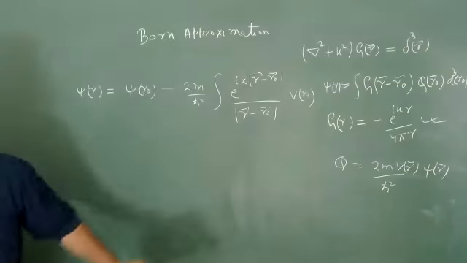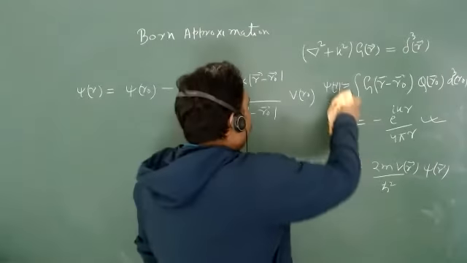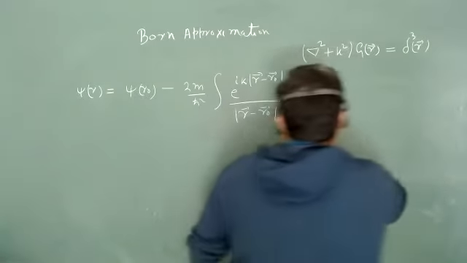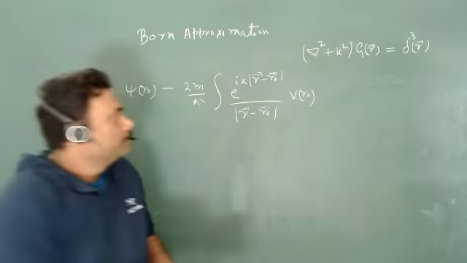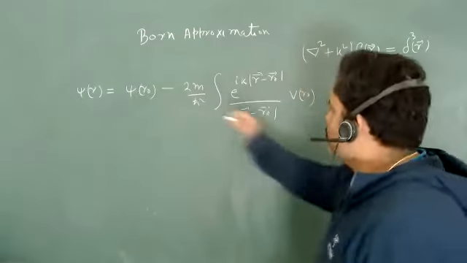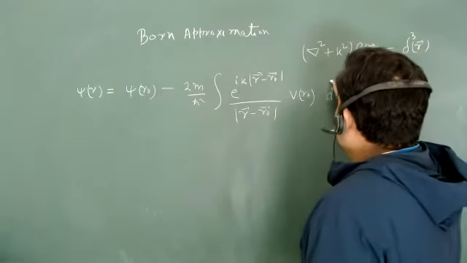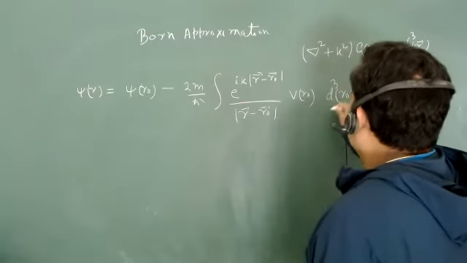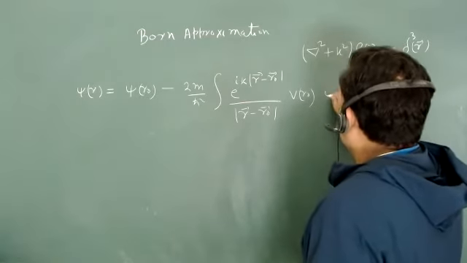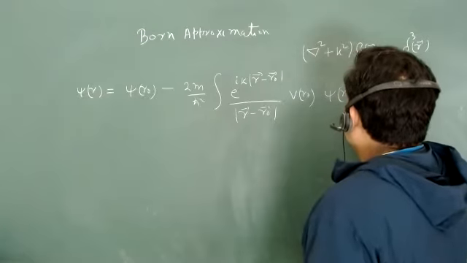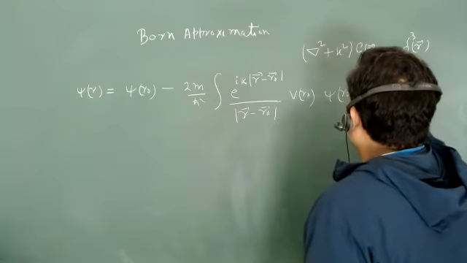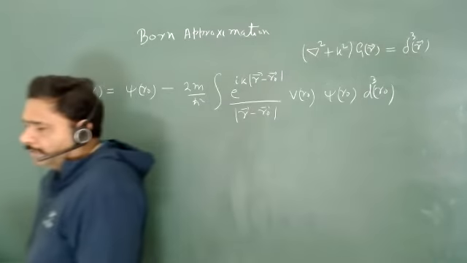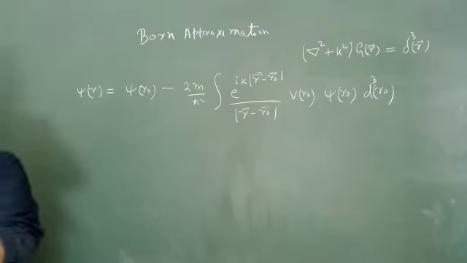This is due to q r naught, and I am just removing this particular thing. And this value is equal to d cube r naught. Sorry, psi r naught is also there, and we have d cube r naught. So actually, this is our complete solution.